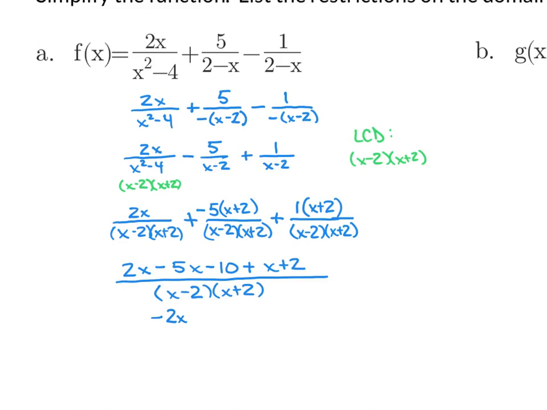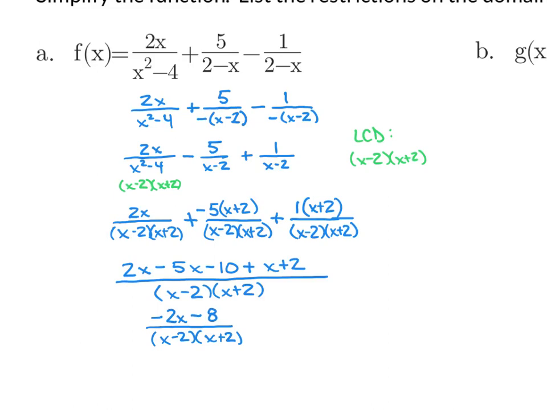Negative 10 and 2, if we combine our constants, we get minus 8, over x minus 2, x plus 2. In the numerator, we could factor out a negative 2, but it's not going to simplify any further, and so we are done here.